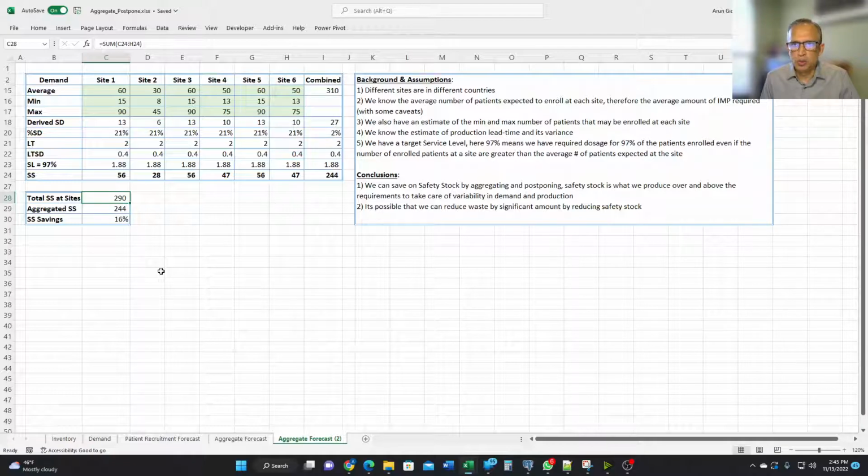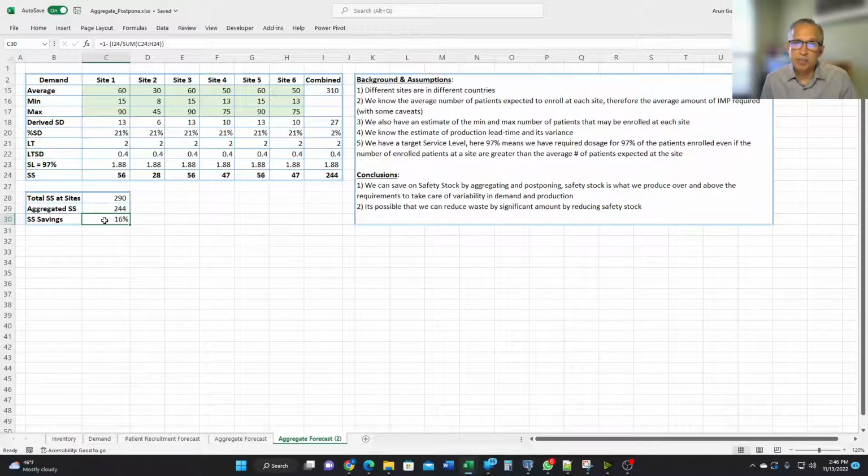Whereas if we were to manufacture at one location and only package and label and ship it to the site when actually required, our aggregated safety stock is 244, which is a savings of 16%. Now, when we have very high level of service, which is 97%, safety stock can comprise 50% of all stock.